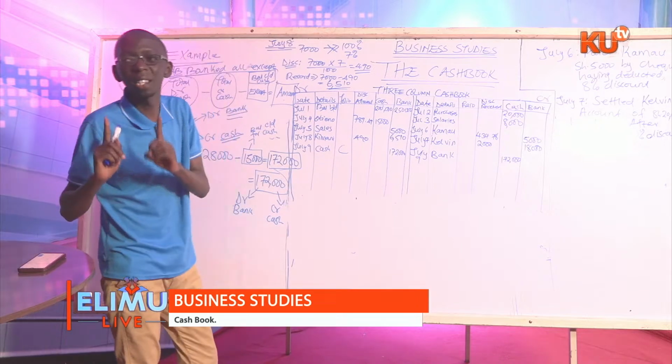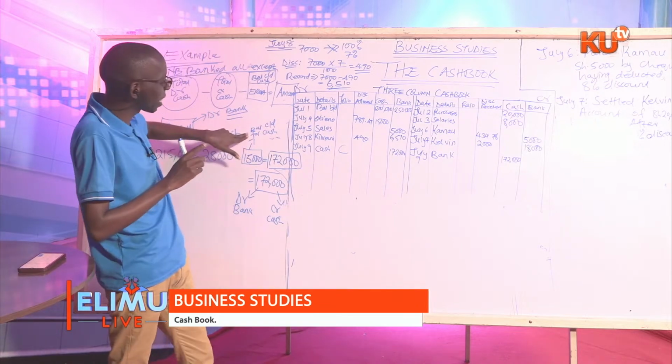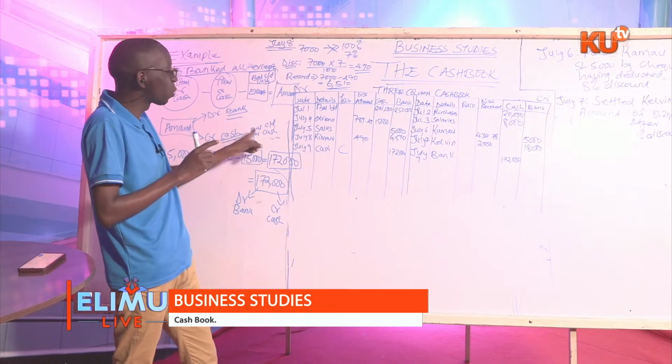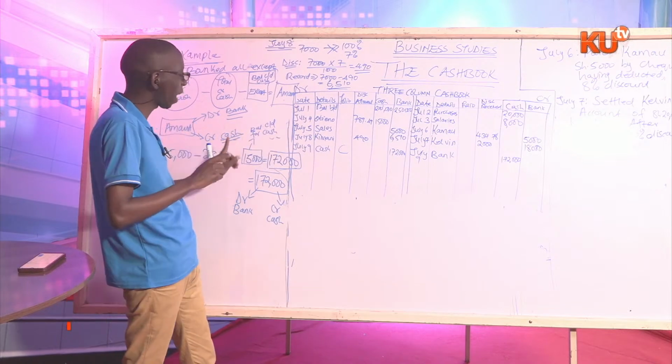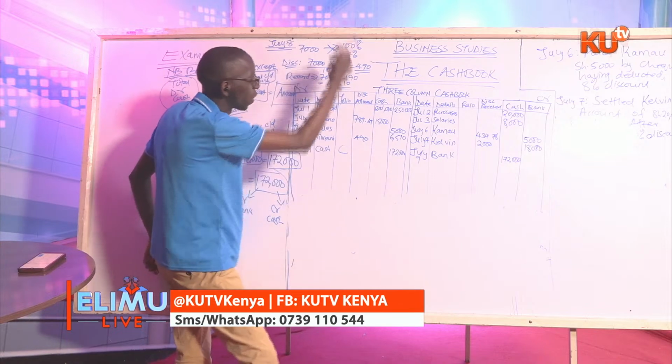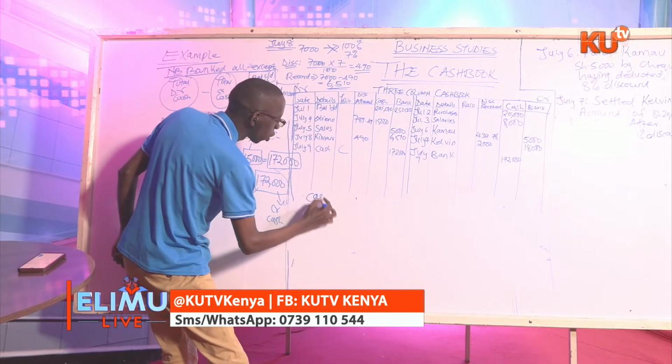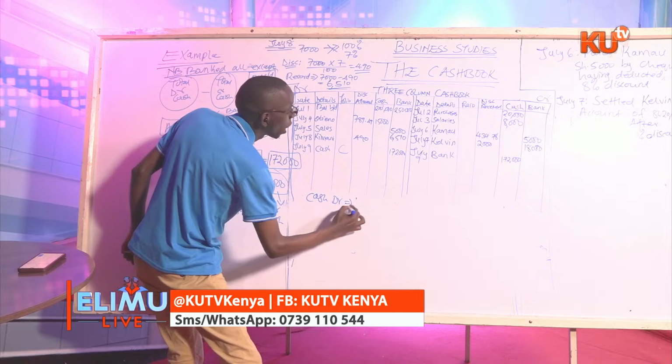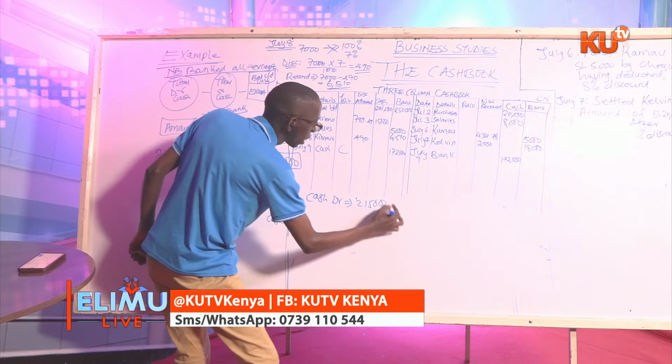Cash is already balanced, but we have already said that the 15,000 will be treated as balance carried down for cash. But I want to teach you how to balance cash. You take the total of both sides. Cash on the debit side, total is 215,000.